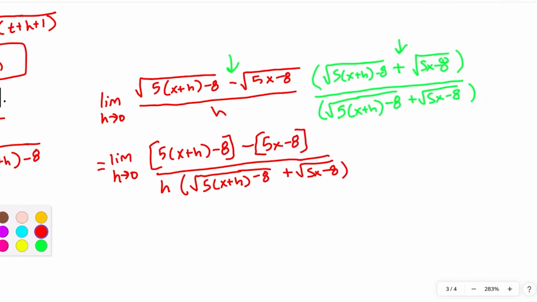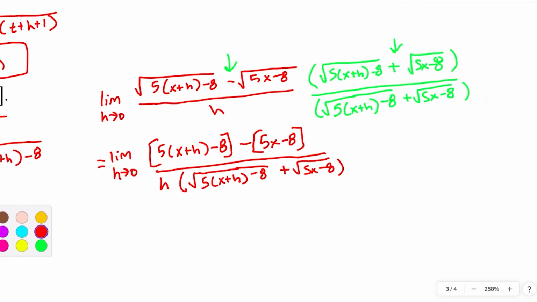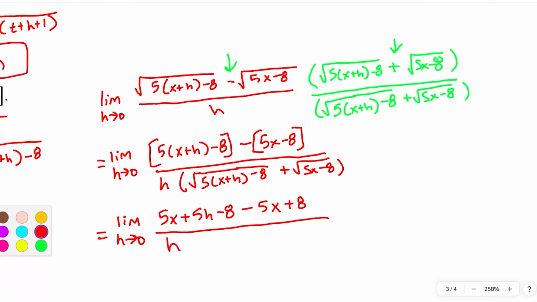So now we need to simplify that numerator. So distributing the 5 is going to give me 5x plus 5h minus 8. And then we have minus 5x plus 8, all divided by, I'm just going to leave that denominator the way it is.